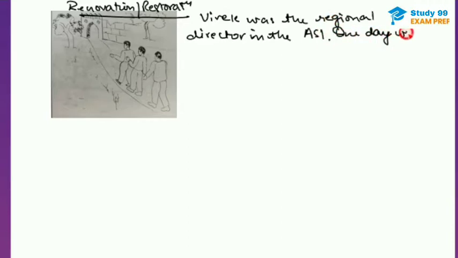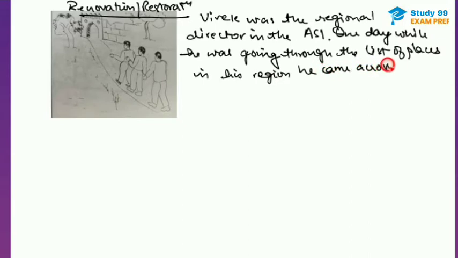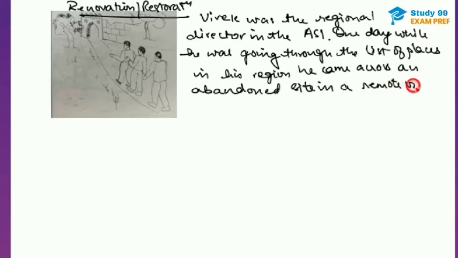One day, while he was going through the list of places in his region, he came across an abandoned site in a remote village.